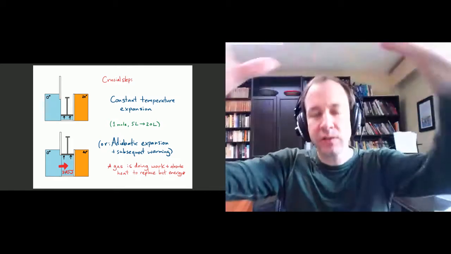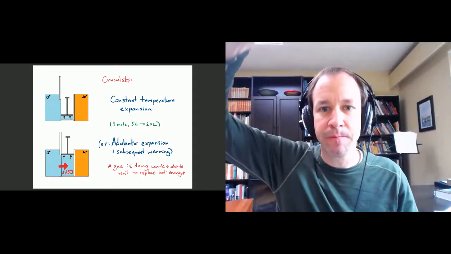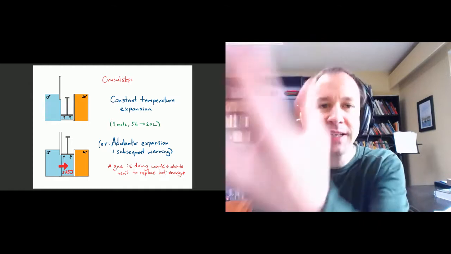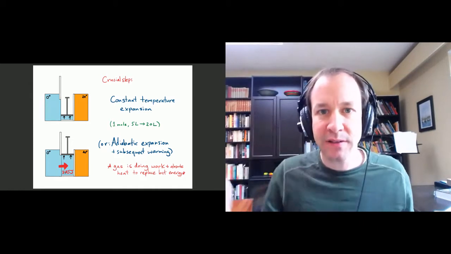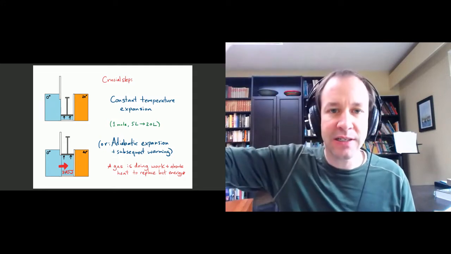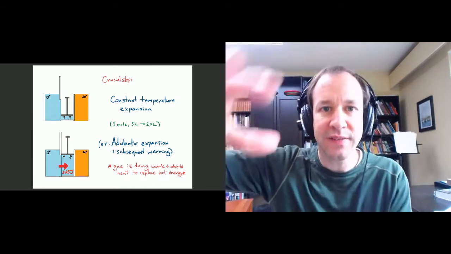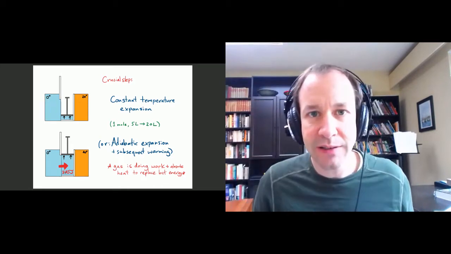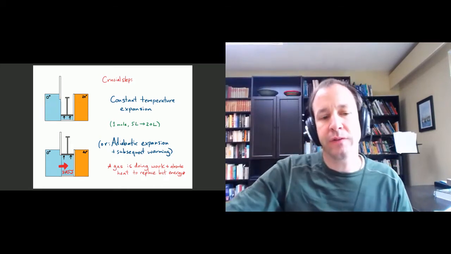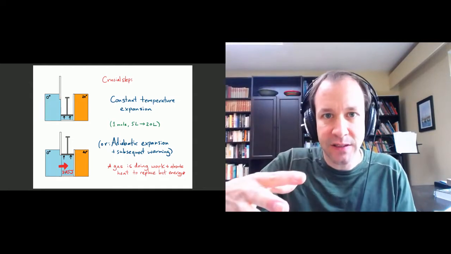So the gas is doing work on the piston during this adiabatic expansion. And so it's giving up some of its energy because there's no heat transfer in the process. That decrease in energy is going to be a decrease in internal energy of the gas, and so the temperature will decrease. Okay. So if we pull up on the piston quickly, then we expect that the gas in the cylinder will get a lot colder.